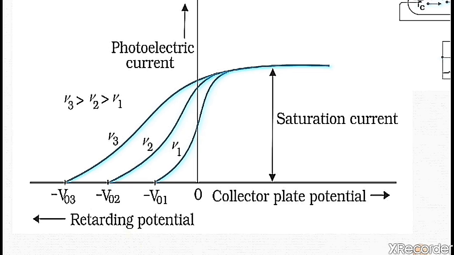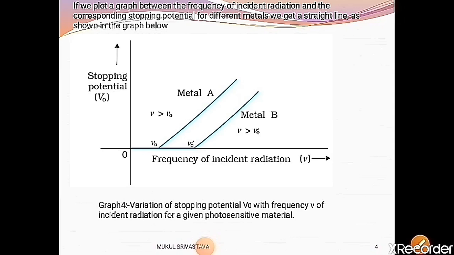This implies that the greater the frequency of incident radiation or light, the greater is the maximum kinetic energy of the photoelectron. Now if we plot a graph between the frequency of incident radiation and the corresponding stopping potential for different metals, we get a straight line as shown in this graph.